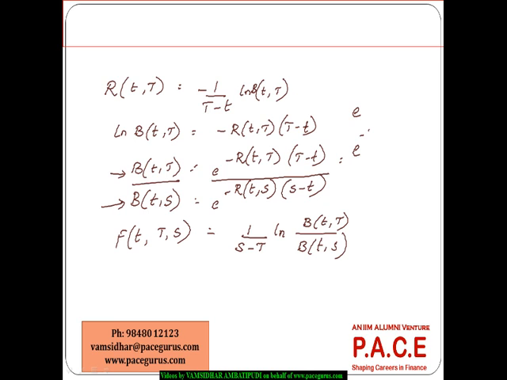I'm taking the logarithm between these two. Log a by b becomes log a minus log b.